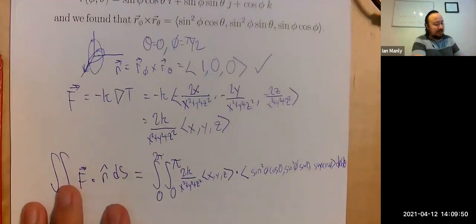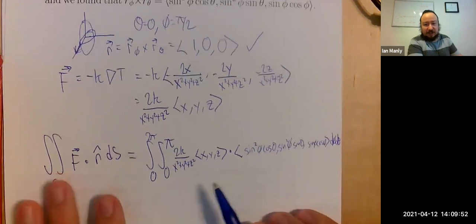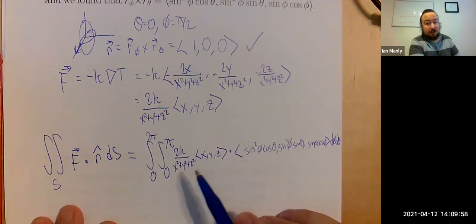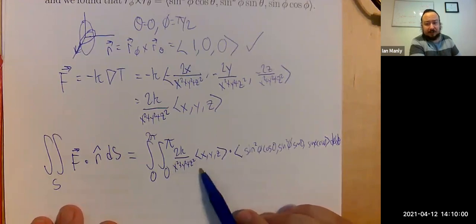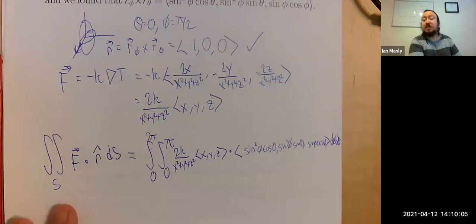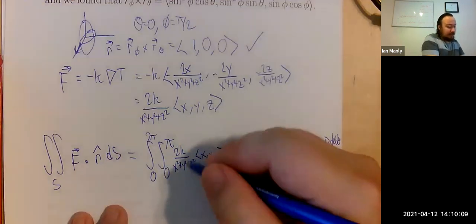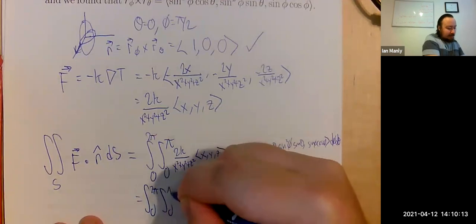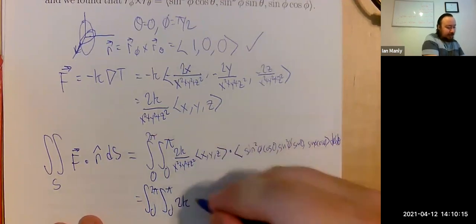All right, so let's go ahead and simplify this because this looks really ugly. X squared plus y squared plus z squared: there's a very easy way of writing that if we're on the unit sphere. Well, it's rho squared. That's true, but in this case, it's a sphere of radius 1, so rho squared will be 1. So this is going to be 1, so we have just 2k.